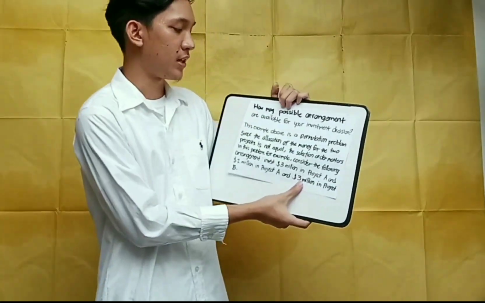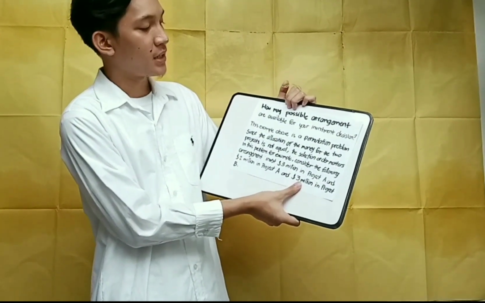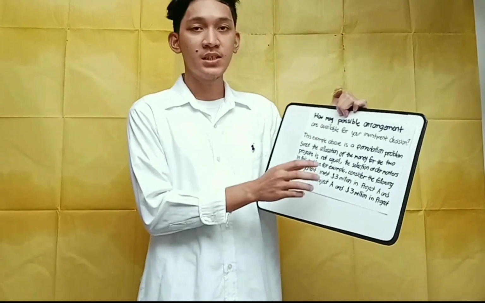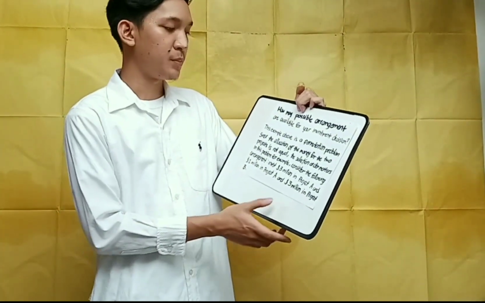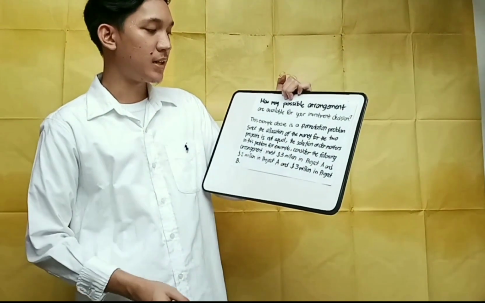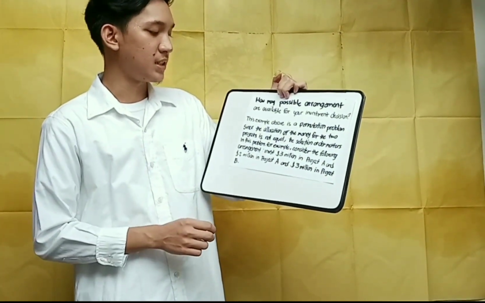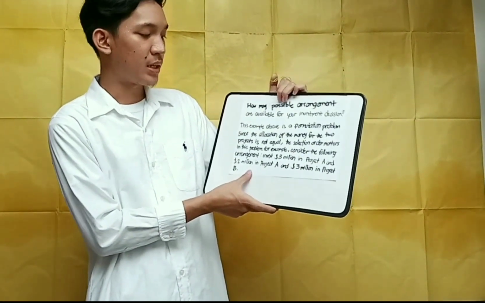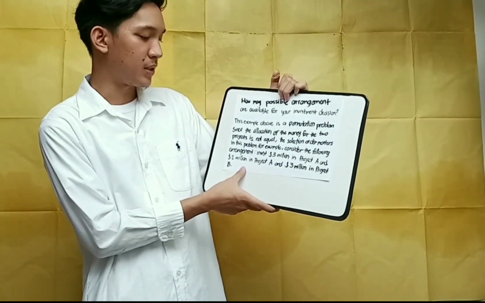How many possible arrangements are available for your investment decision? This example is a permutation problem since the allocation of the money for the two projects is not equal, which means the selection order matters in this problem. So, for example, consider the following arrangement.